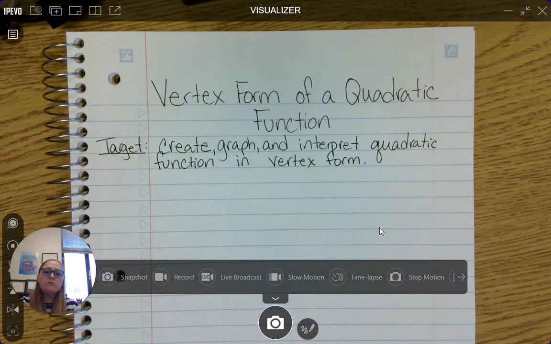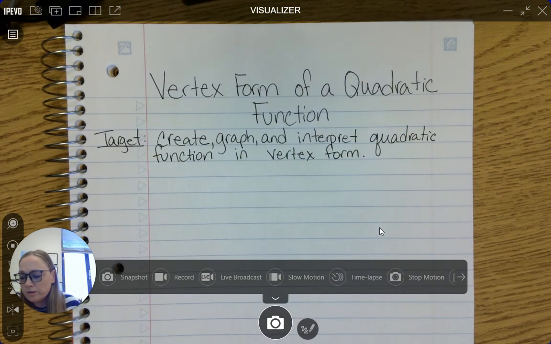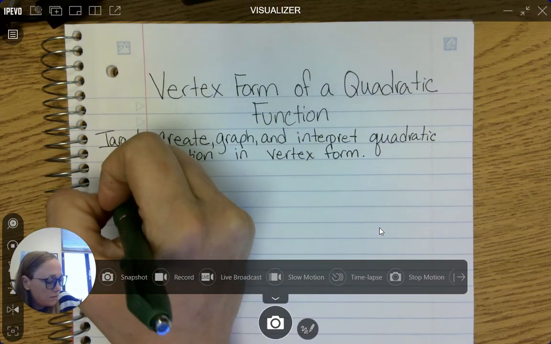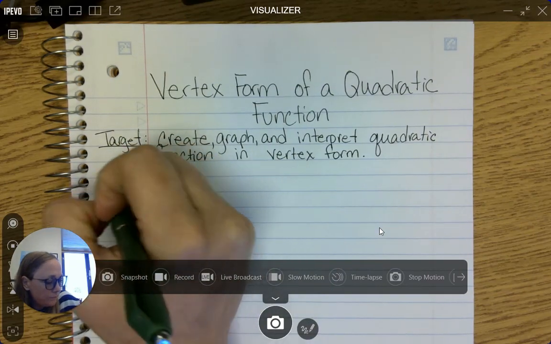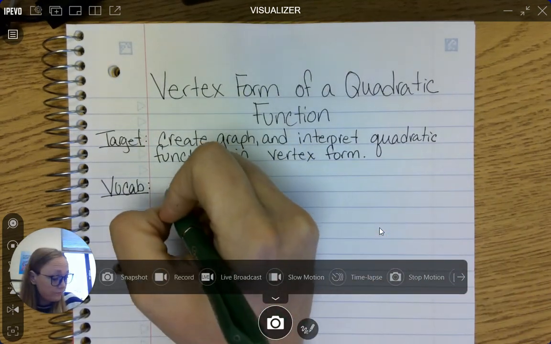Okay, but to do so we need to review some of our Algebra 1 vocabulary words. First, some vocabulary. We need to remember what's a quadratic function.